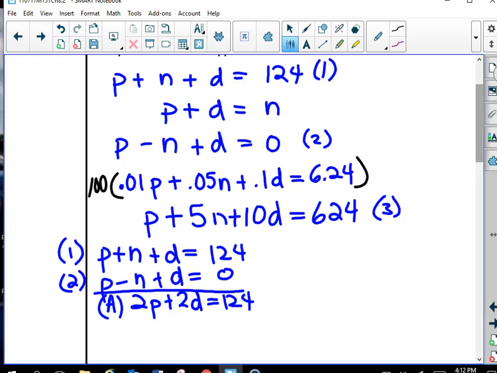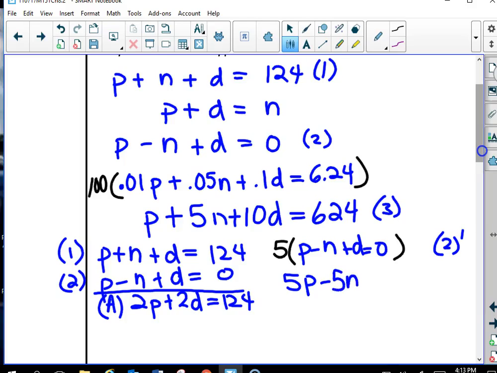All right, I'm going to take equation 2 and multiply it by 5. That's going to be equation 2 prime. So I get 5P minus 5N plus 5D is equal to 0.